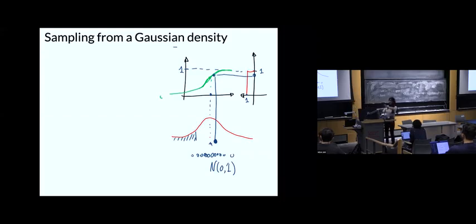And we said that now we'll invert the CDF. Instead of going from our domain of the distribution to cumulative probabilities, we'll go from cumulative probabilities to items in the domain. And by the way, as we go to the right of the domain, the area under the curve is 1, and as we go to the left of the domain, the area under the curve is 0. That's why it goes from 0 to 1 here.